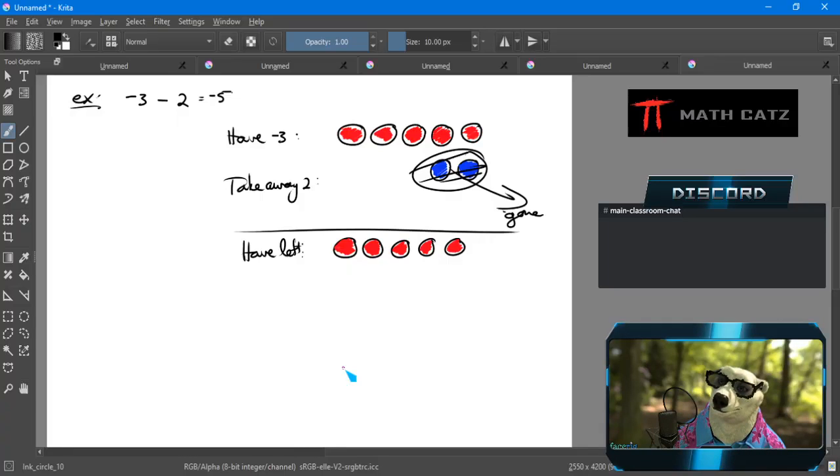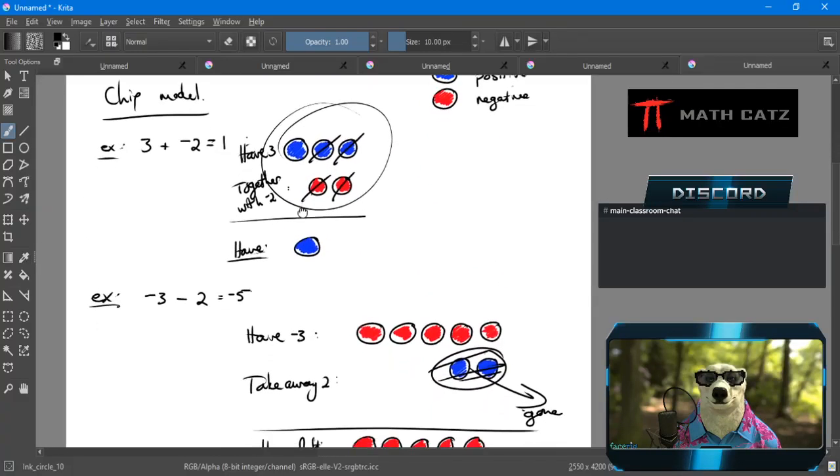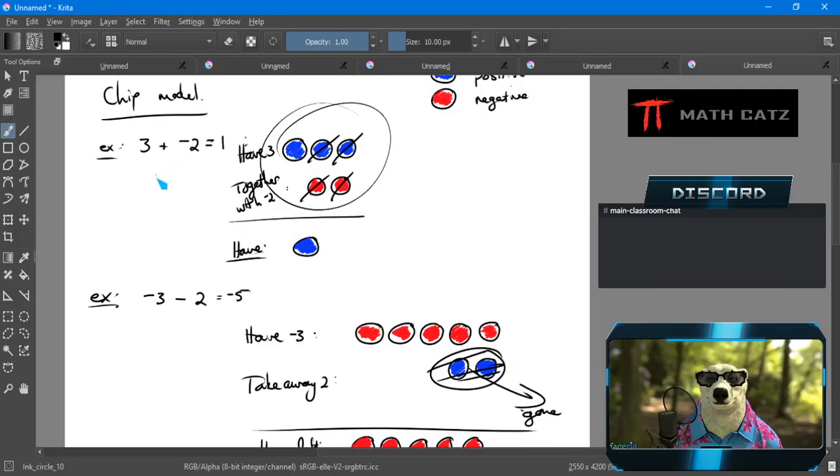Yes. So just make sure that you do not, like this first one, say, oh, well, this is 3 minus 2, so therefore have 3 blue chips and remove 2. No. Well, I mean, technically yes, but that is not what the question is asking.